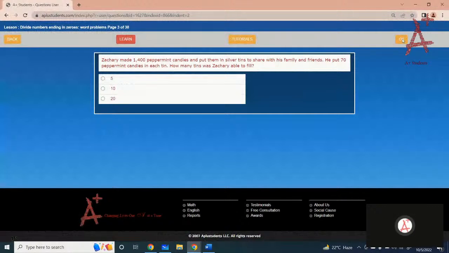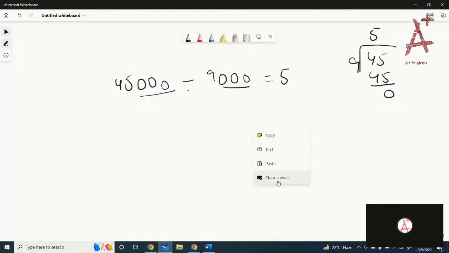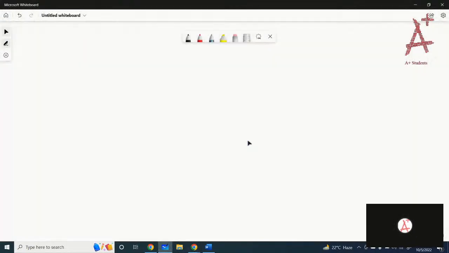Okay, Zachary made 1400 peppermint candies and put them in silver tins to share with his friends and family. He put 70 peppermint candies in each tin. How many tins was Zachary able to fill? So you have to divide 1400 by 70. Ignore the zeros, just divide the digits first.